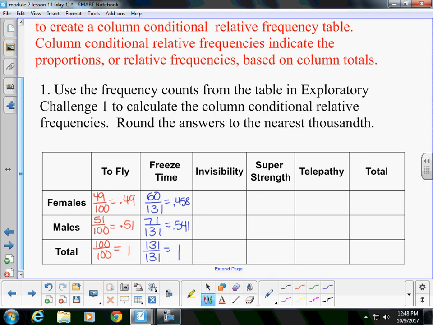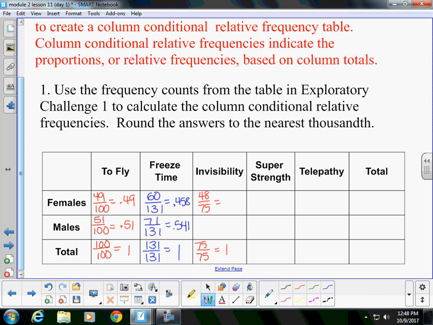Invisibility, the total for invisibility is 75. So everything in this column will be divided by 75. Females who chose flying, or excuse me, invisibility, was 48, so it'd be 48 divided by 75.